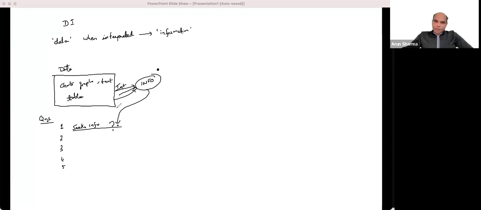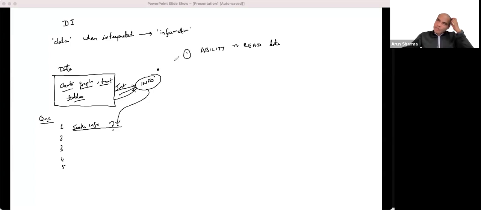And so the key in data interpretation is the ability to read data, in the form of charts, graphs, text, or tables.